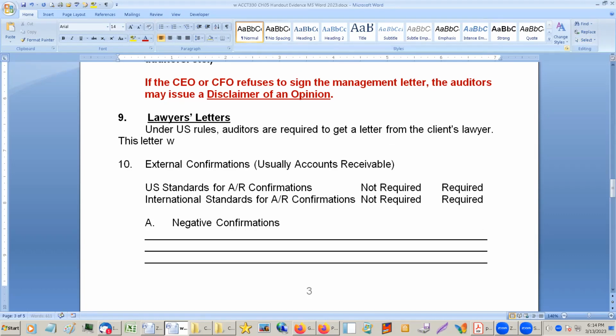This letter will contain information on material litigation.